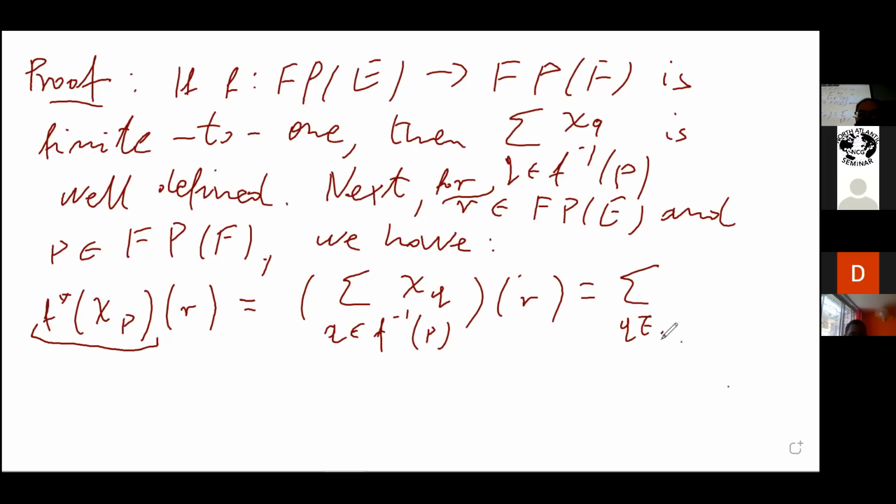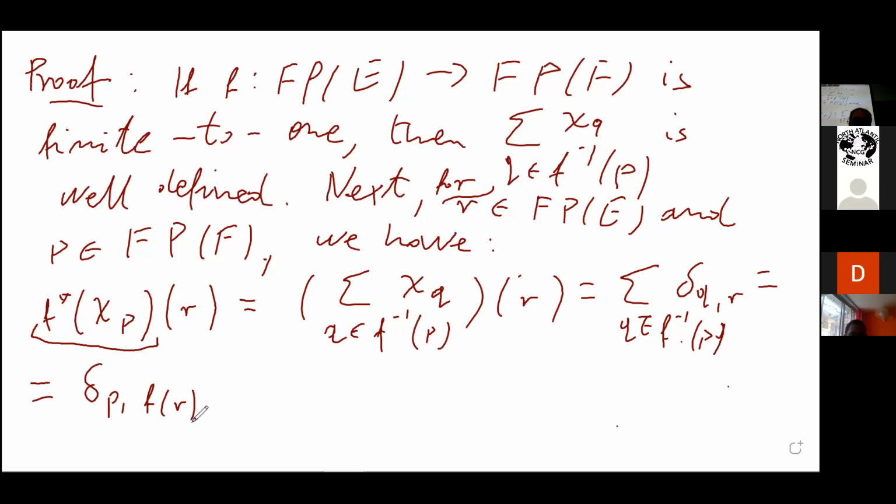So Q runs still over the preimage of P. But evaluating each and every one of these chi Qs on R is just delta QR, Kronecker's delta. Okay, so then, sorry, this is P. I can write down that this is the Kronecker's delta between P and F of R.